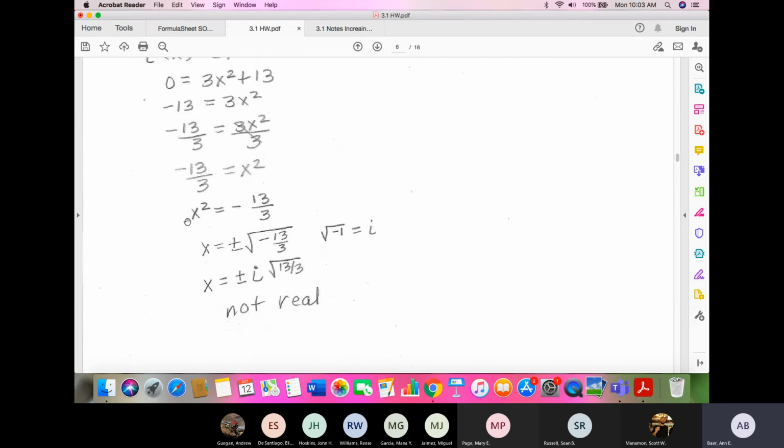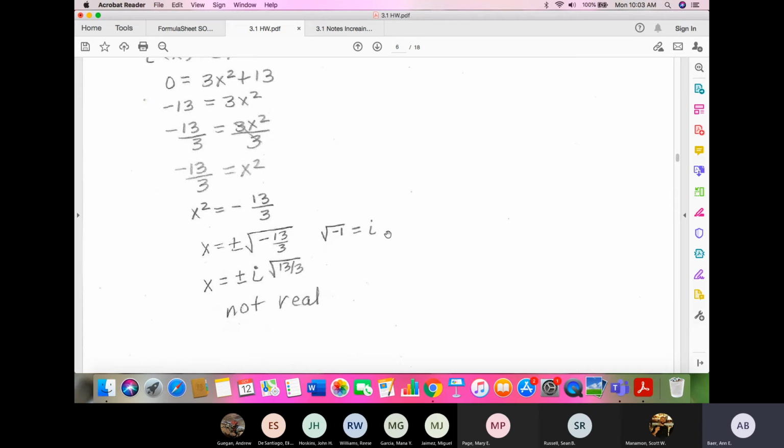If we take the square root of both sides, we need to put plus or minus with one of the sides. Now what you will notice here is we're taking plus or minus the square root of a negative number. That negative means -1. The square root of -1 is actually the imaginary unit, which is i.